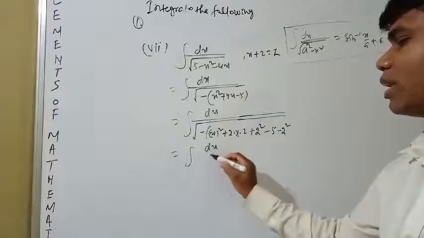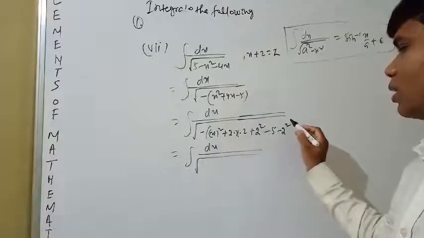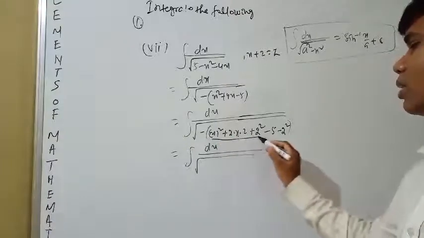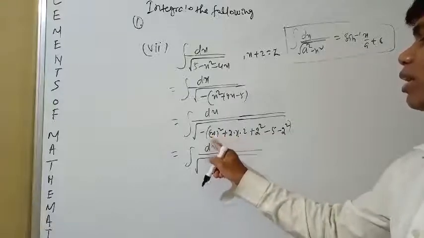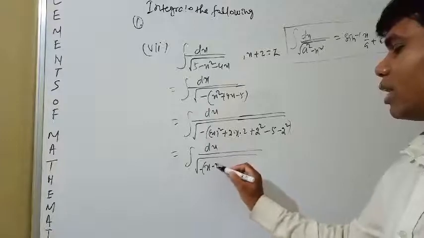Is equal to integration of dx by root over, this up to this, don't underline it, that is x minus 2 whole square.